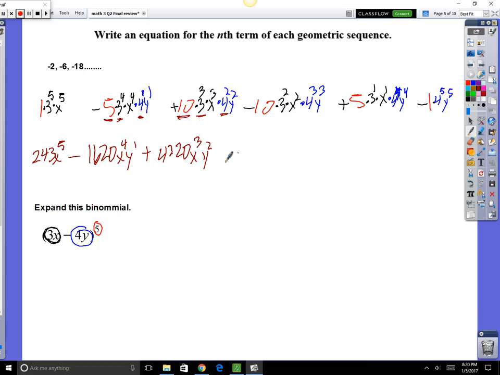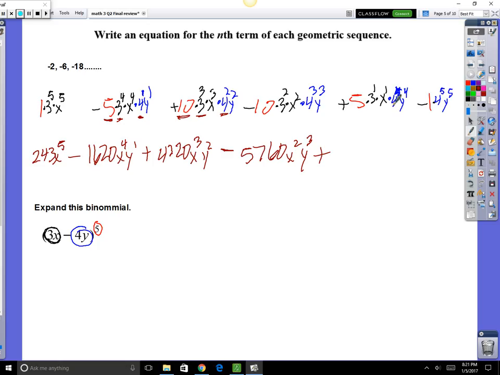Okay, now your numbers. Let's do minus 10 times 3 squared times 4 cubed, and that gives you 5,760, and your letters are x squared y cubed.